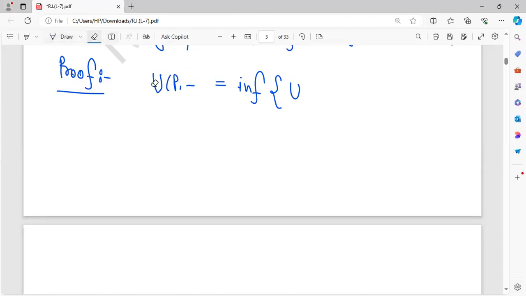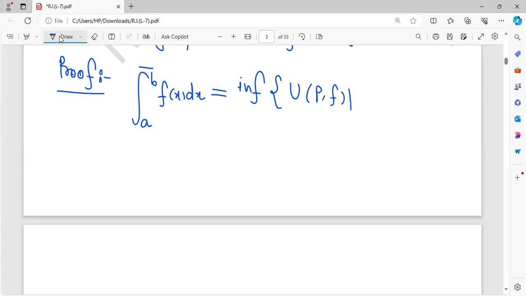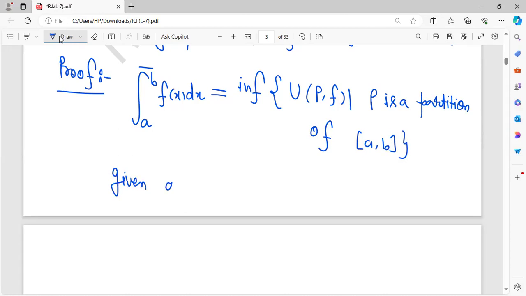The upper integral of f(x) dx from a to b is the infimum of U(P, f), where P is a partition of the closed interval [a, b]. Let epsilon be greater than 0.